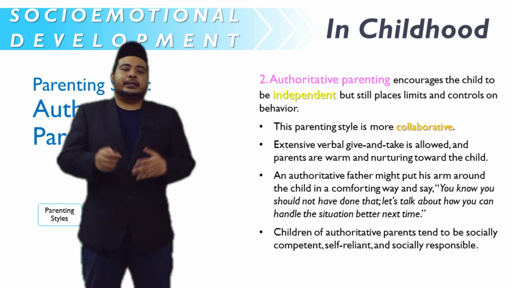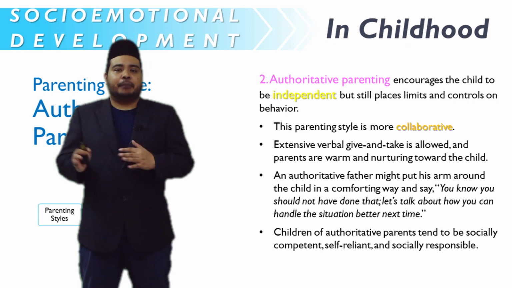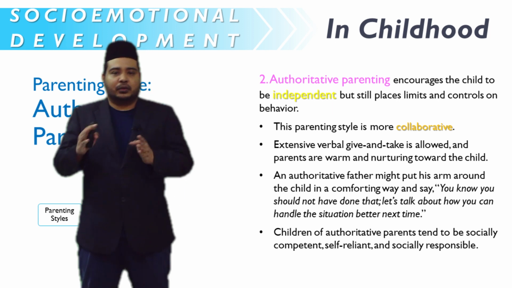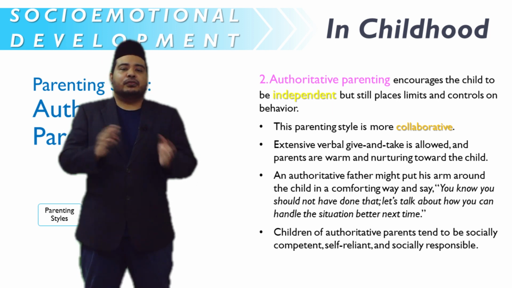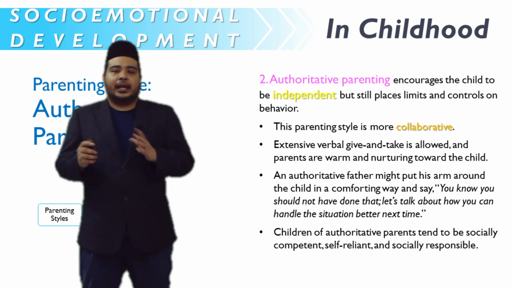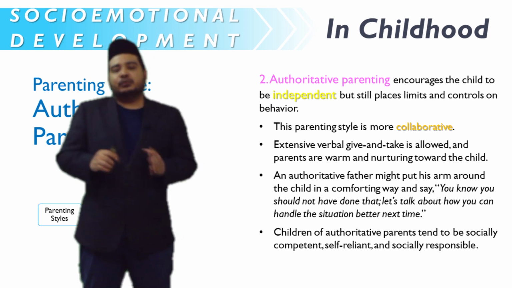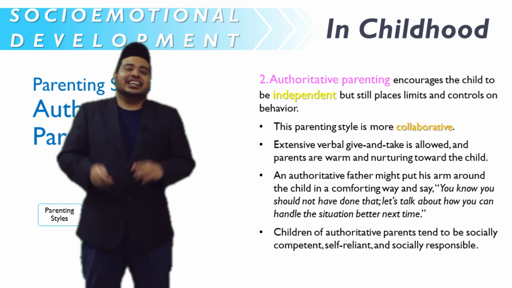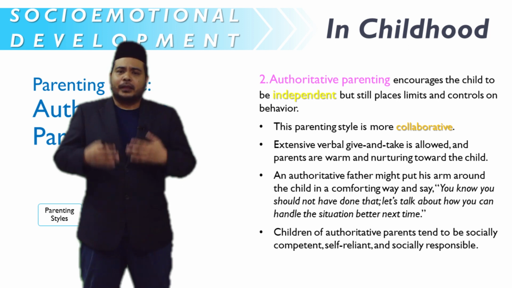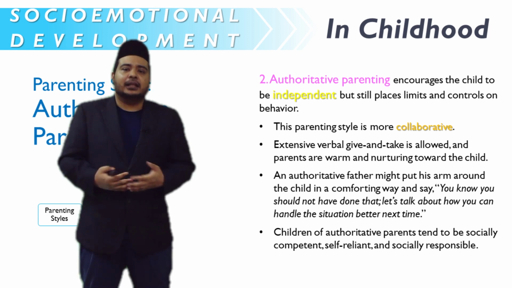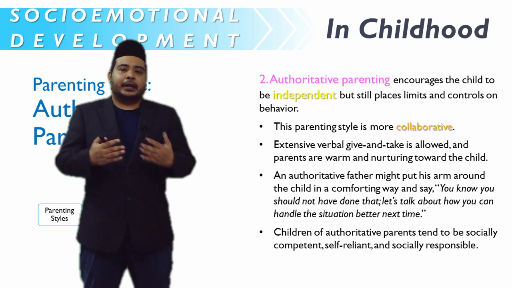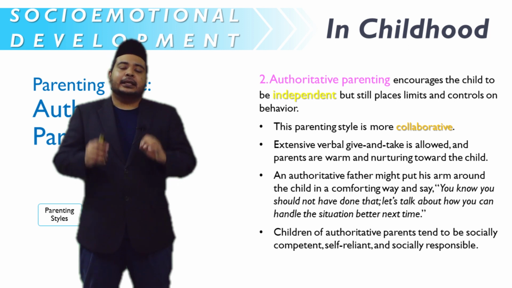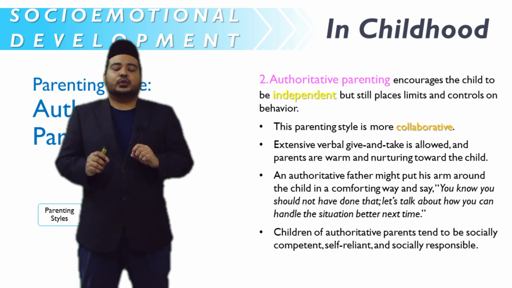The second parenting style is authoritative parenting. Please do not mix up authoritarian and authoritative. Students usually confuse the two. An easy way to differentiate: authoritarian equals disciplinarian. Authoritative parents encourage the child to be independent, but still place limits and control on behaviors.